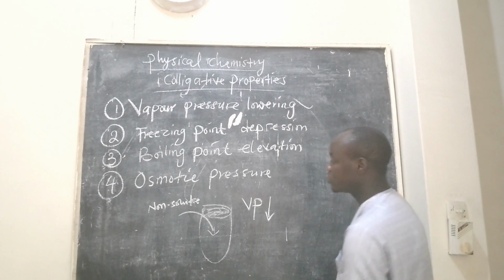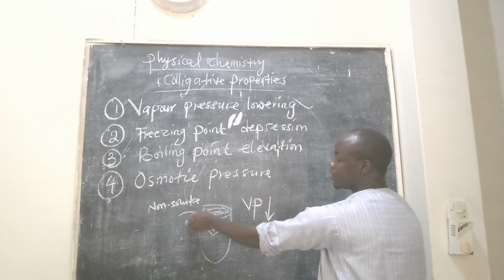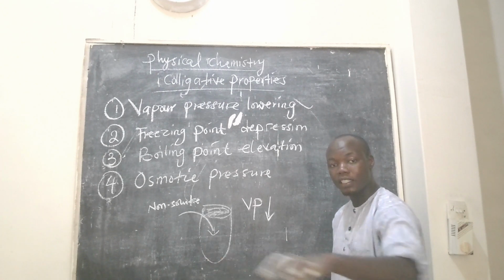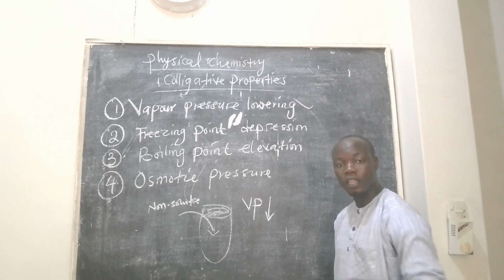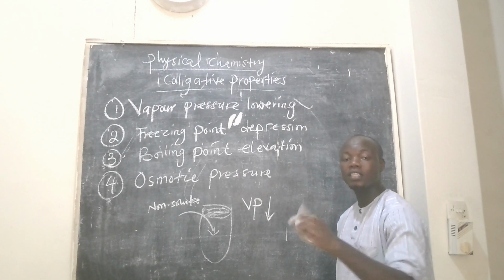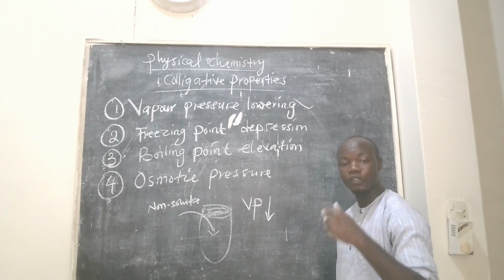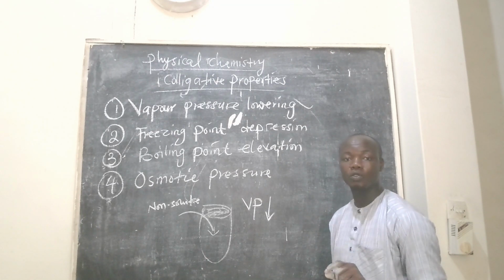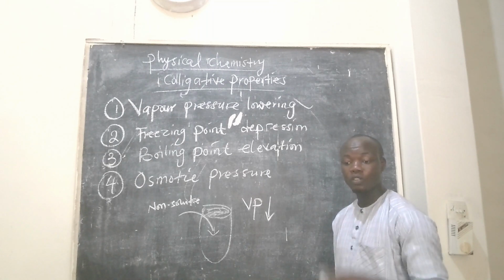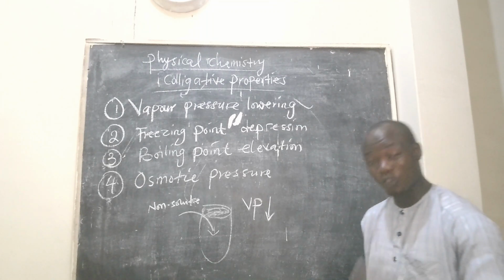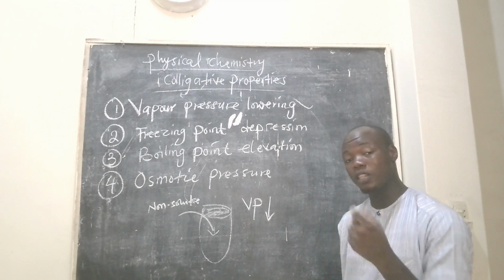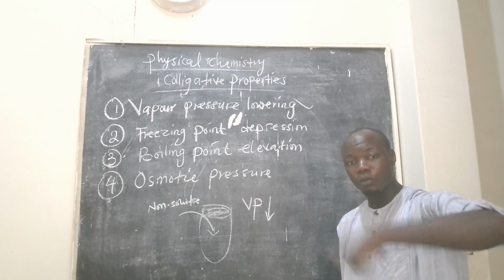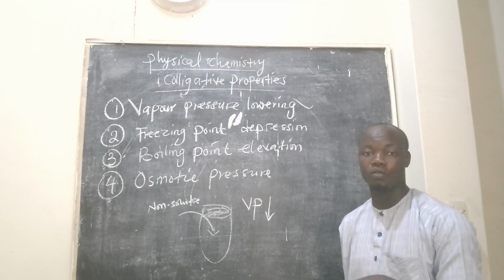So what happens in this vapor pressure lowering? When you add a non-volatile solute, it is going to occupy a space that was already occupied by the solvent. As a result, the number of solvent molecules that evaporate will be decreased. So before you add the solute into the solvent, the water molecules or solvent molecules can easily evaporate to form a vapor.